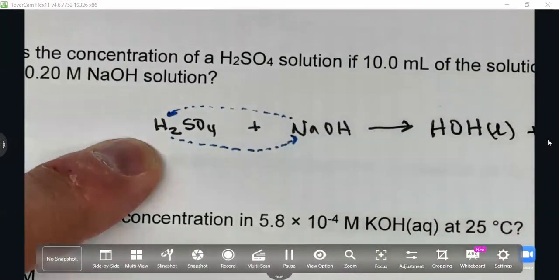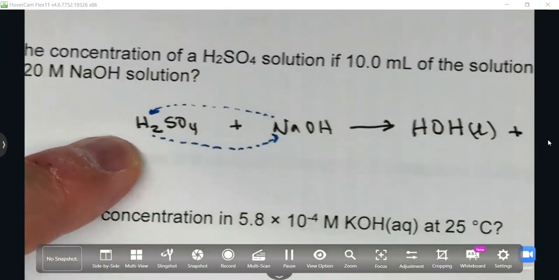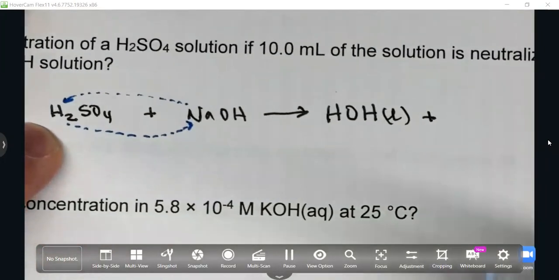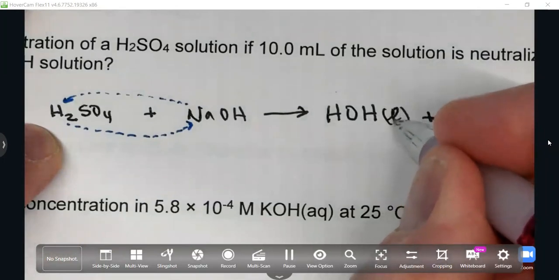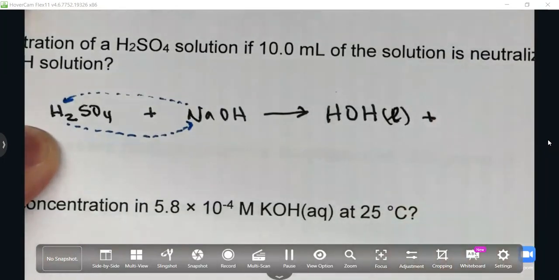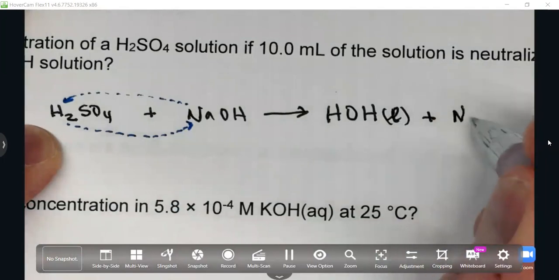Liquid plus sodium takes the place of hydrogen.